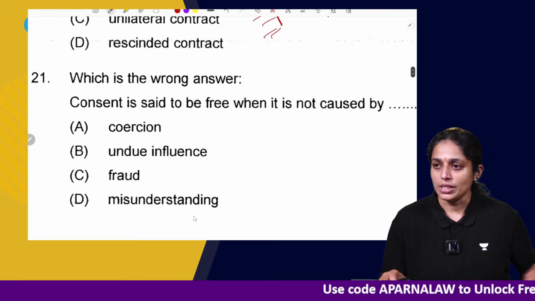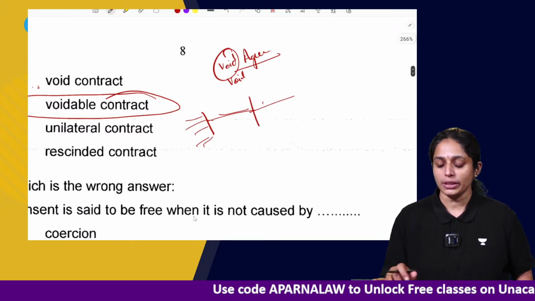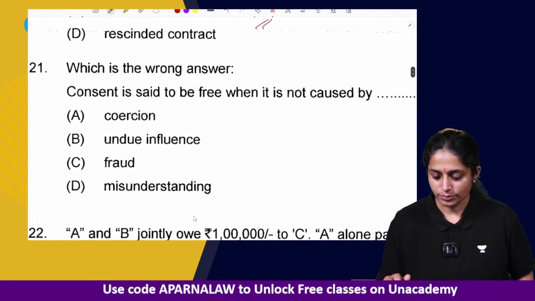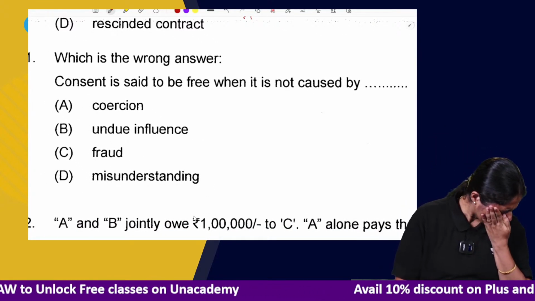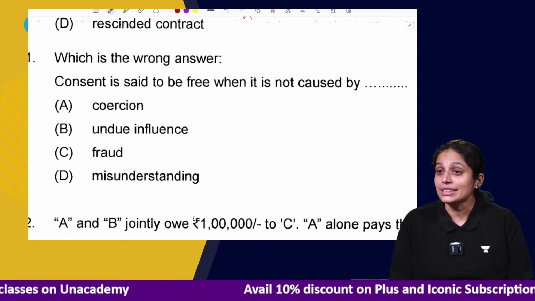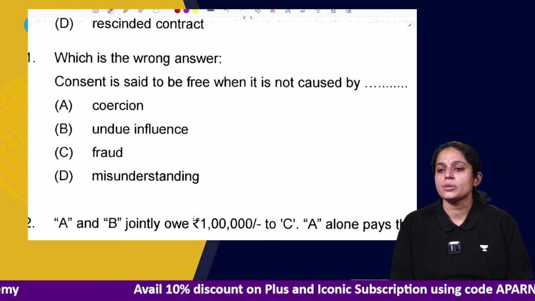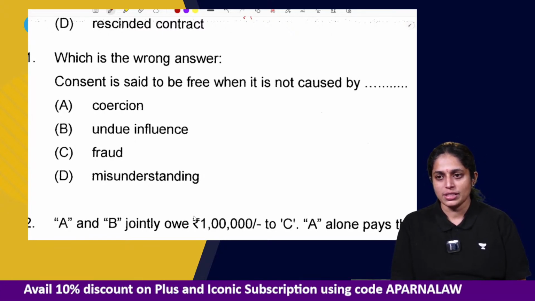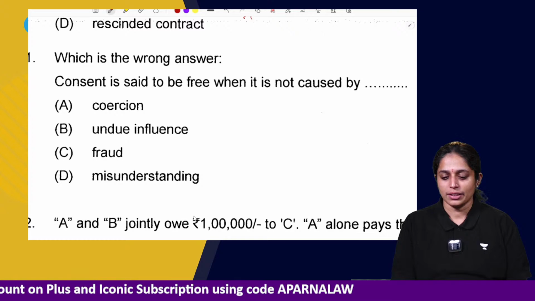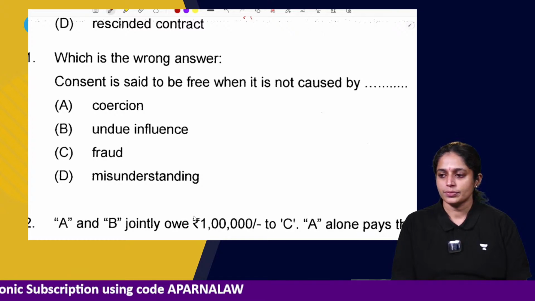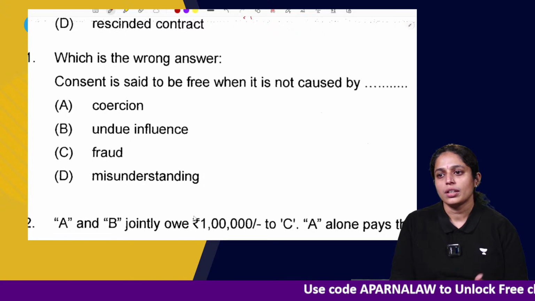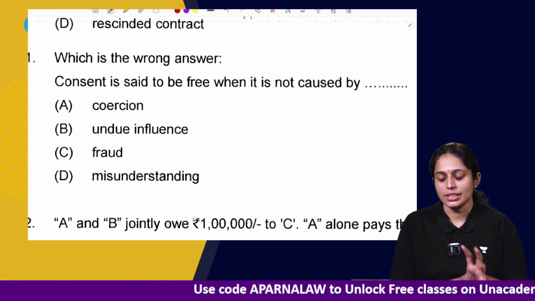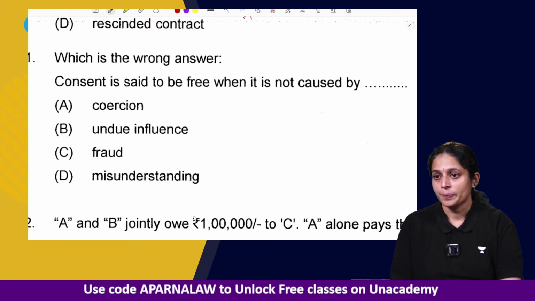21st question, which is the wrong answer? Consent is said to be free when it is not caused by A, coercion, B, undue influence, C, fraud, D, misunderstanding. There are different causes for consent being not free.